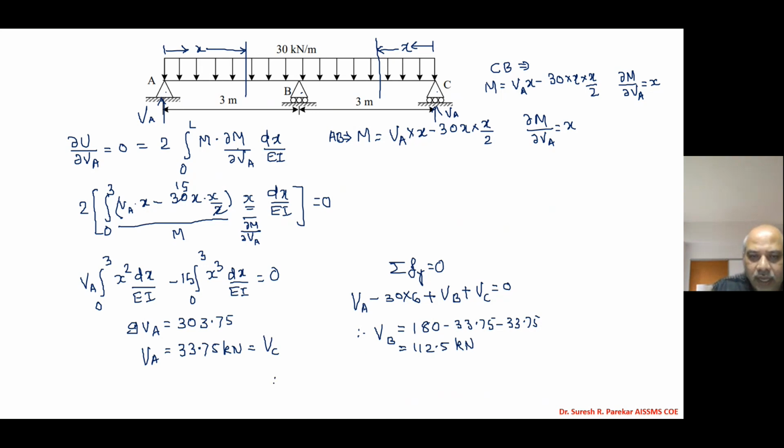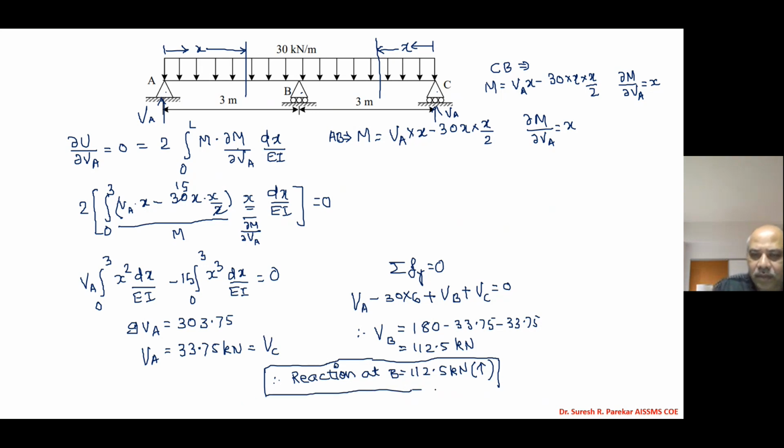Therefore, the reaction at B is equal to 112.5 kilonewton, and that is obvious. The plus value we got means this is upward. So the answer we are expected to give in this fashion.